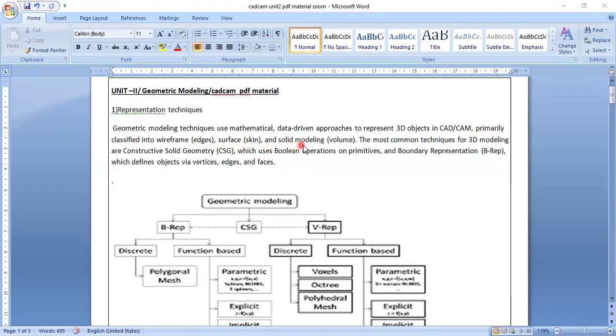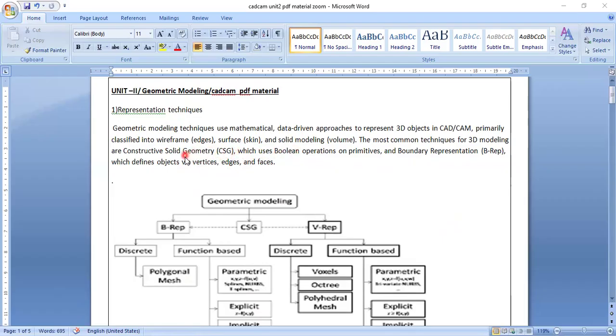Then it becomes solid modeling, which has volume in it. The most common technique for 3D modeling is constructive solid geometry, CSG. So this is the process: wireframe, surface is added, then it becomes solid modeling.